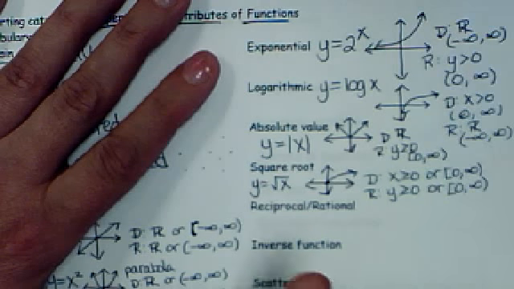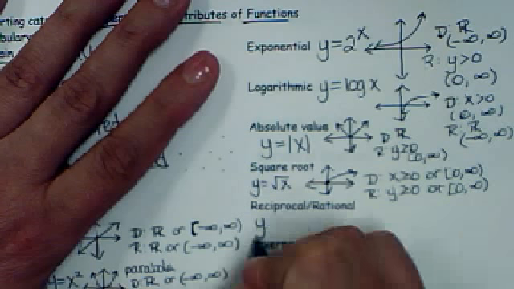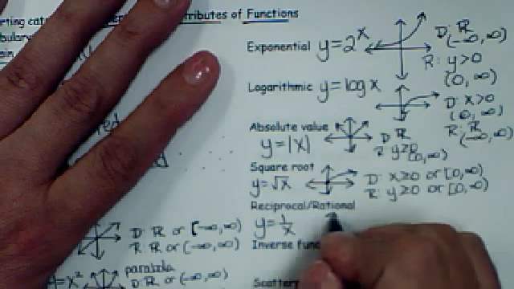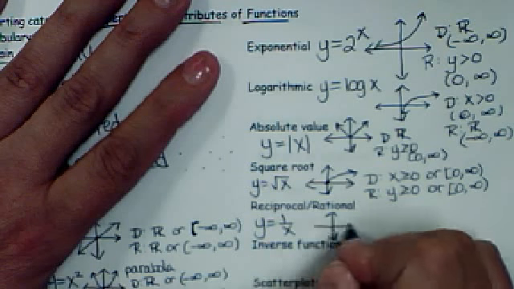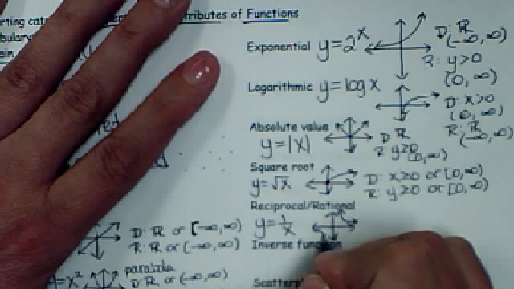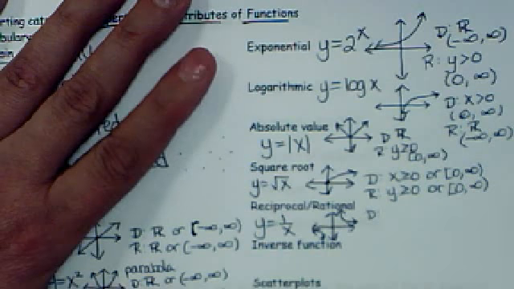The reciprocal and rational parent function, we've been talking about rational functions just recently. It's y equals 1 over x. The graph of that one has a curve in the first quadrant and a curve in the third quadrant. So curve in the first, curve in the third. The domain for this one is different than the other ones that we've done.